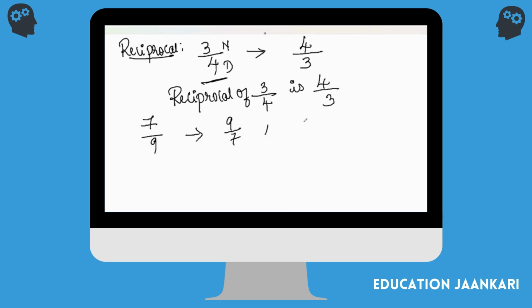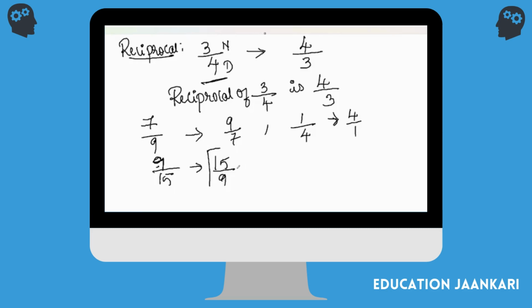Then 1 by 4, 4 by 1. 9 by 15, 15 by 9. Now, this 15 by 9 or 9 by 15, can it be reduced to its simplest form?